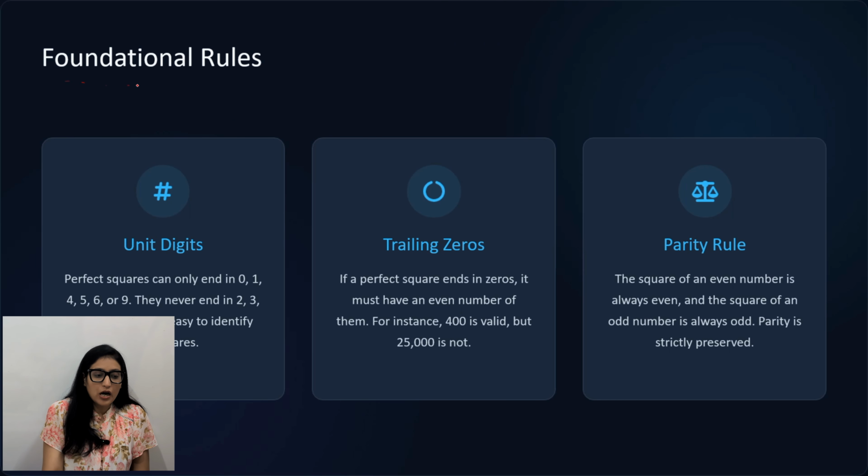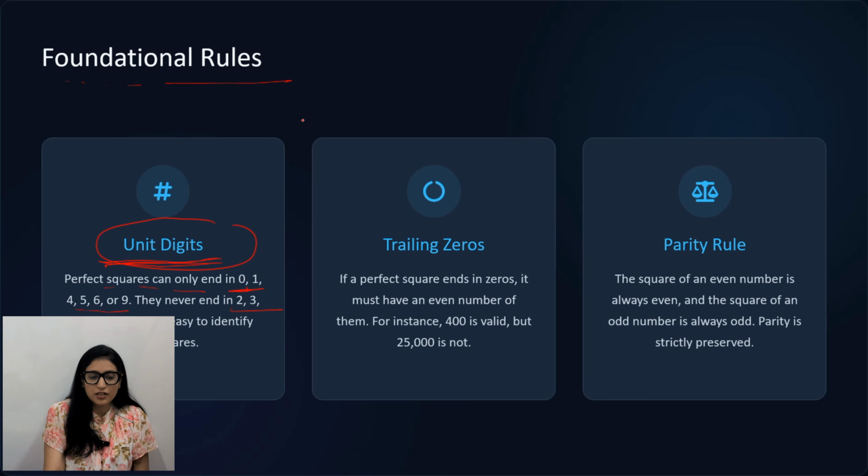Now, how to find out whether a given number is perfect square or not? For this, just identify its unit digit. So, perfect squares only end with 0, 1, 4, 5, 6 or 9. They will never end with 2, 3, 7 and 8.